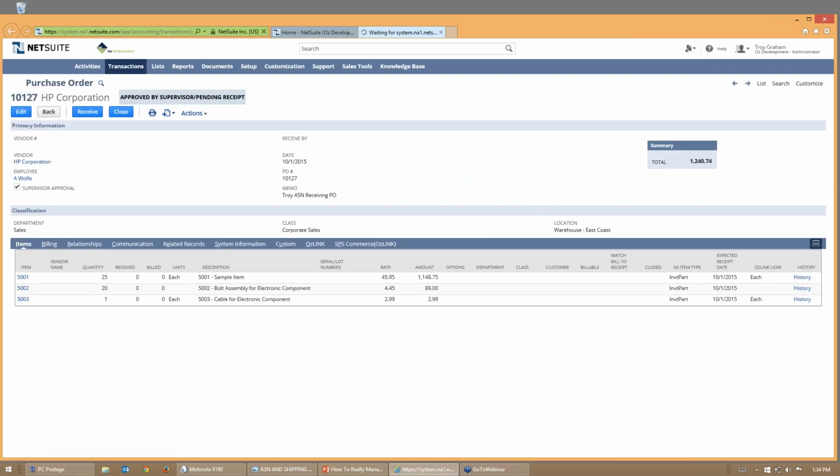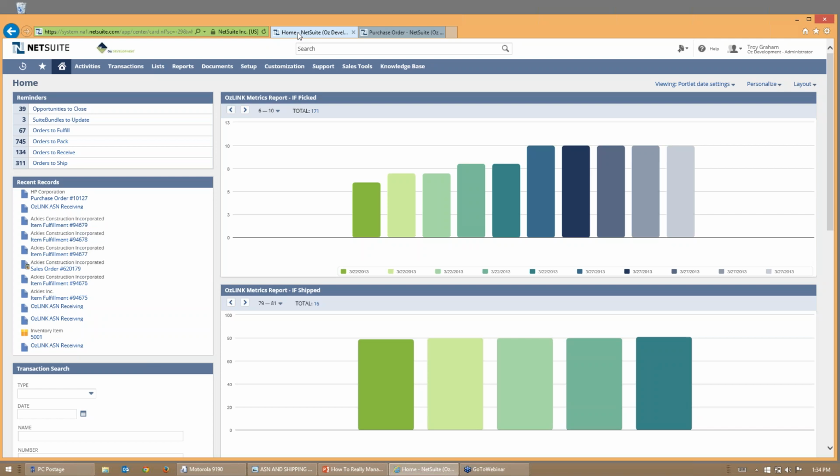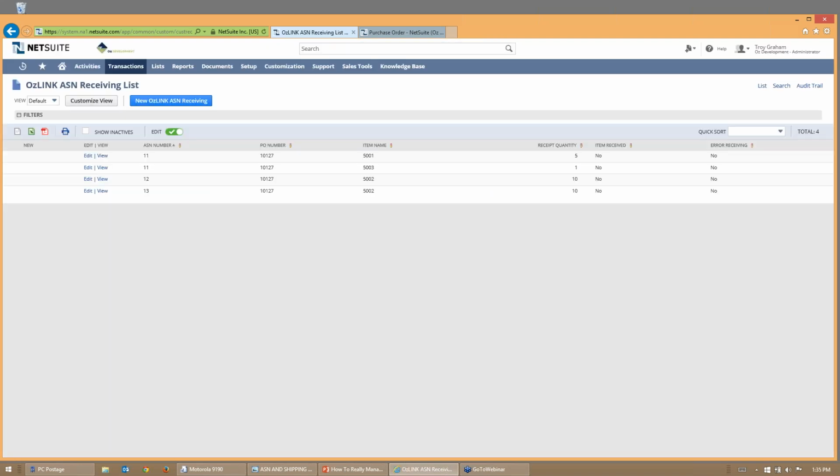So in NetSuite, the first thing that I'm going to look at is I've got a purchase order. It's a regular old purchase order. It's a handful of items on it. But I also have an ASN record. And this is that Model 1 that John mentioned earlier. I've got a series of custom records that are populated with data that are related to an advanced ship notice.